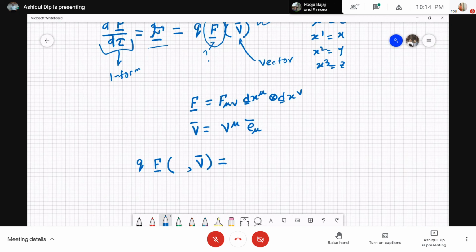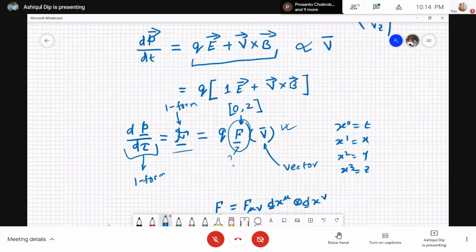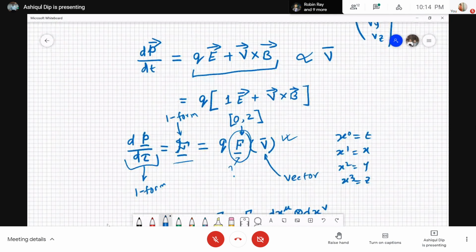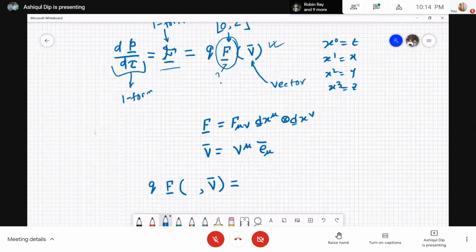I guess I missed one line. Can you repeat it? The previous one. So I'm saying our guess is that F is a 0-2 tensor, and an arbitrary 0-2 tensor can be written as dx^μ times dx^ν with its components.